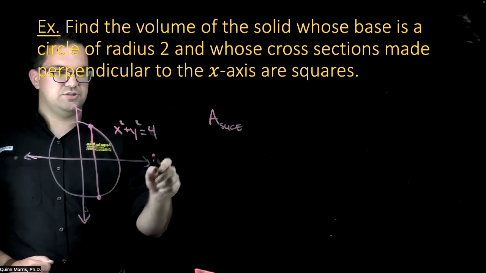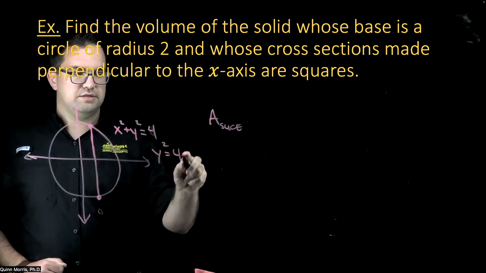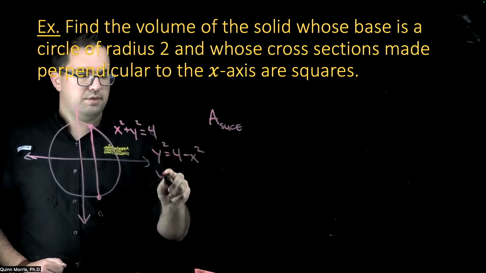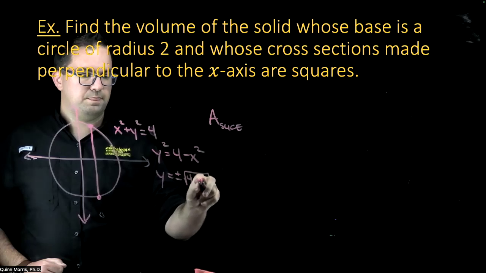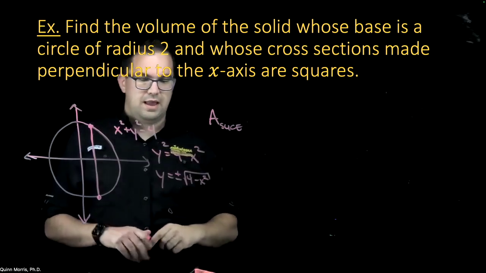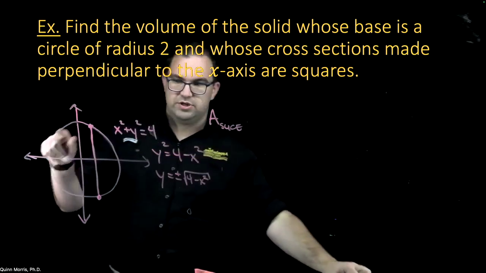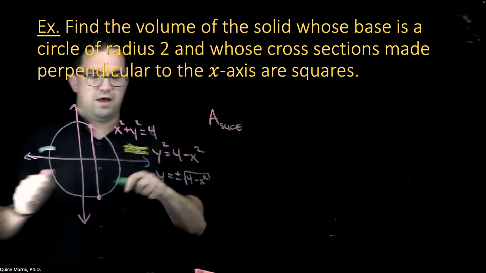So I'm going to take this equation of the circle and I'm going to solve this. So y squared is 4 minus x squared. That gives me that y is plus or minus the square root of 4 minus x squared. Now, the plus solution gives me the top half of the circle. The minus solution gives me the bottom half of the circle.